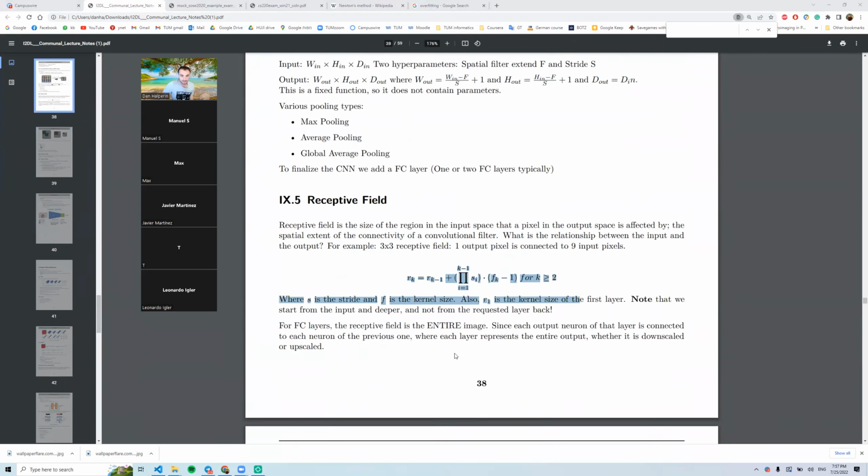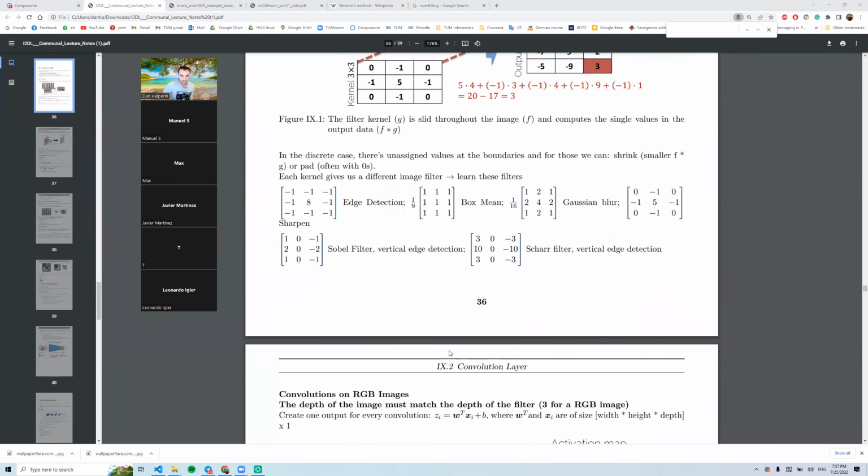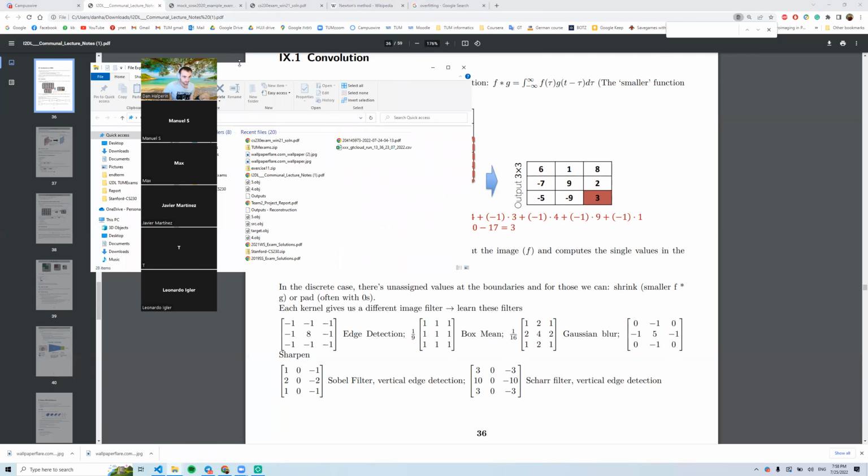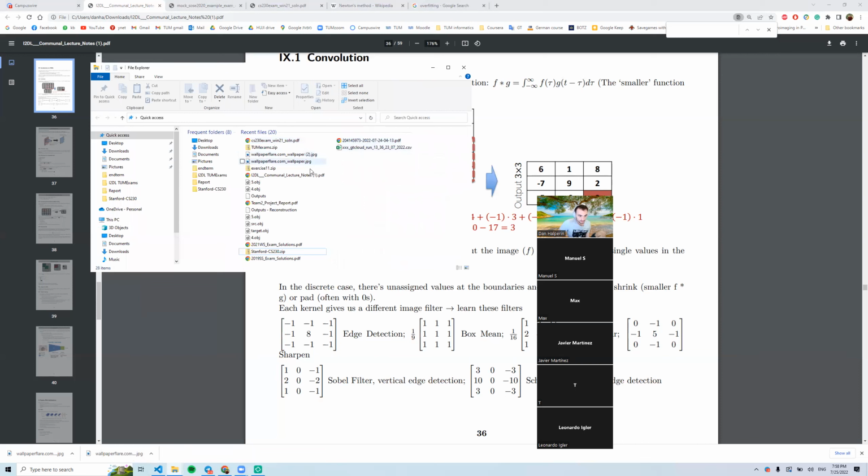Okay, and we already covered transfer learning. Do we have any example here? You want the notes for this? Can I just send it in? This is the I2DL communal lecture notes. You can also find it both in the Telegram group and on CampusWire.